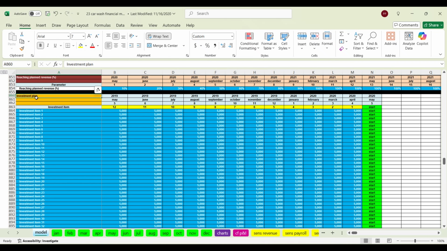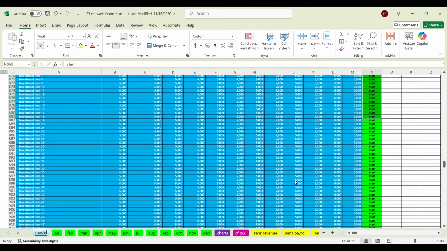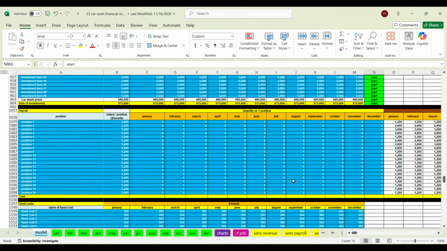So there may be some investment plan expenses that occur anyway, no matter how many posts we're going to launch. And this investment plan is for these types of costs. This is what we are investing in, how much we are investing in, and this is the moment when we start the operating activity. So the logic is the same.